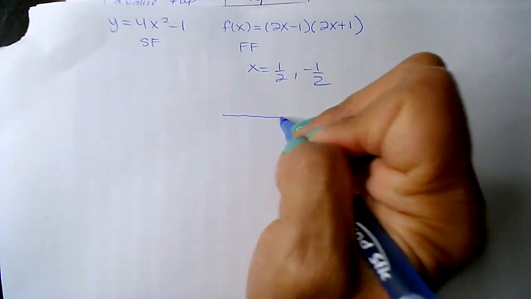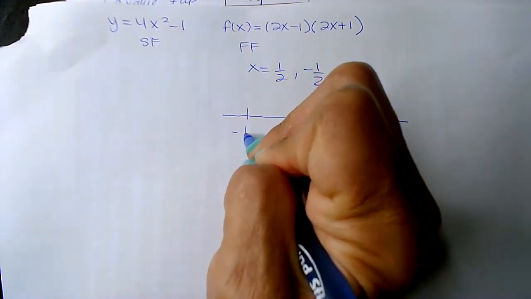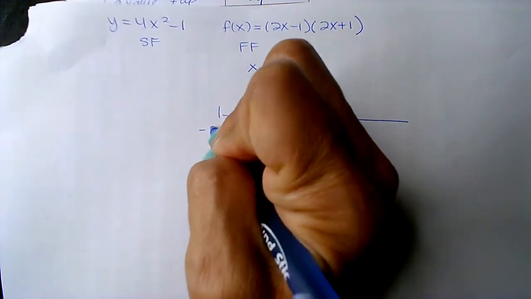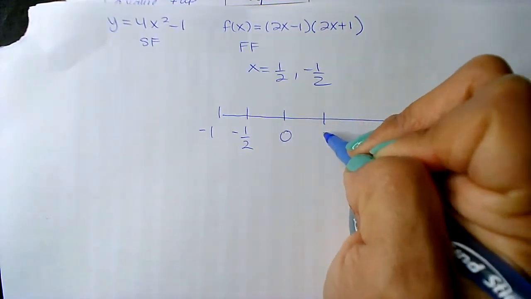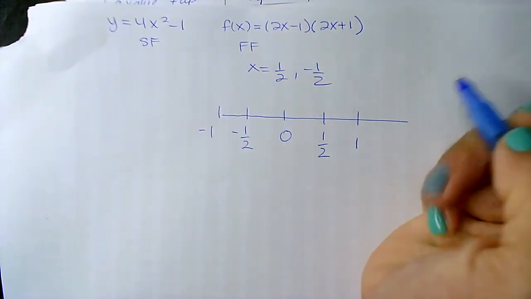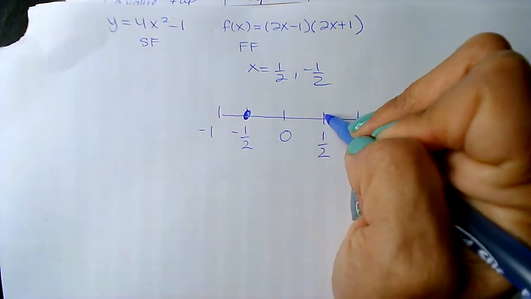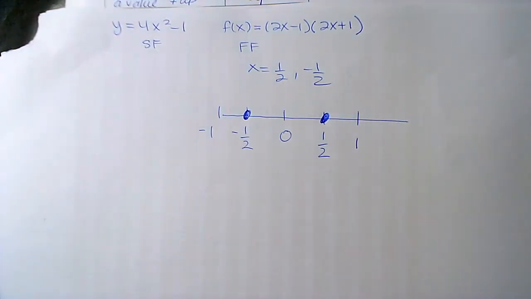Okay, so if I take a table, here's -1/2, here's -1, here's 0, here's 1/2, here's +1. If this is where your 2 x-intercepts are located, your vertex is always at the midpoint. It's at the halfway number. That's your x value.